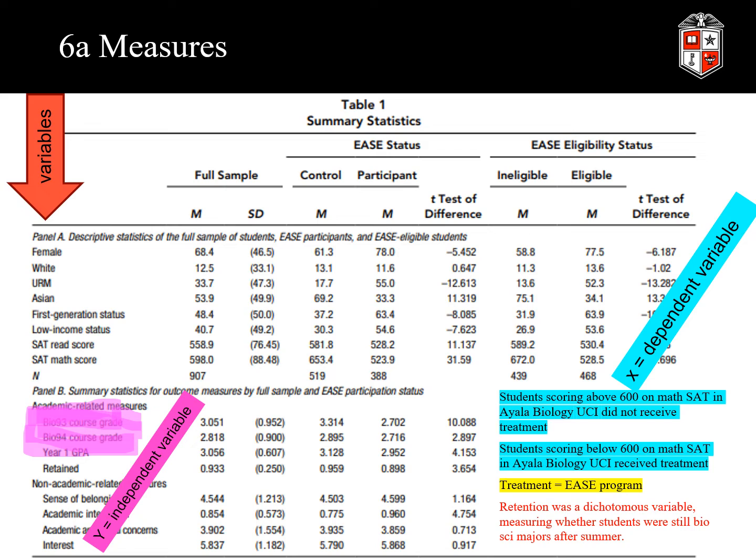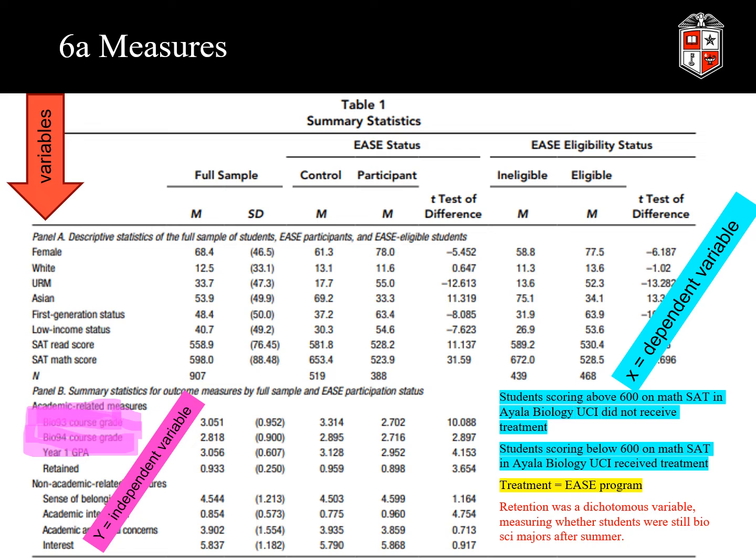The x-axis is the dependent variable and is highlighted in blue, showing that a student scoring 600 or less on the SAT math score would be eligible, or it would be a requirement for the student to be part of the EASE program.